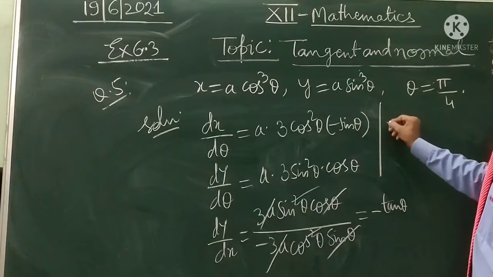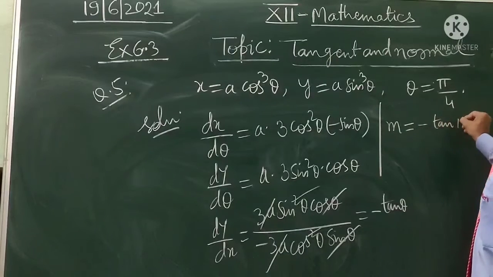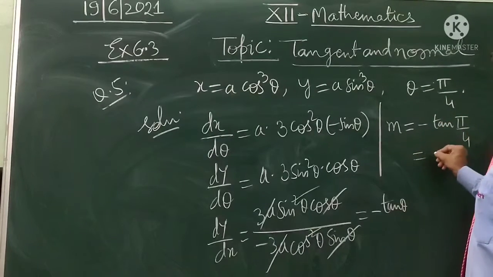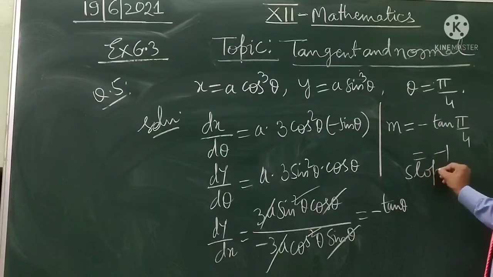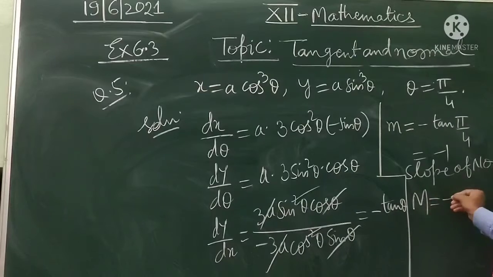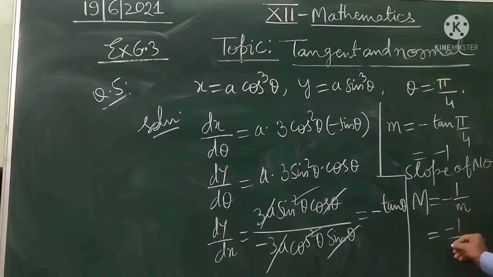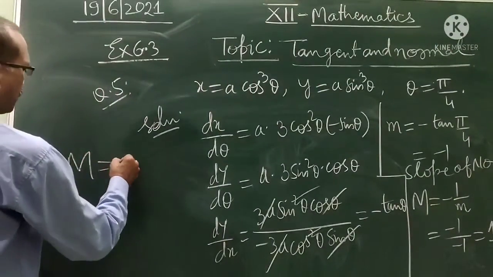Therefore, slope of tangent m equals minus tan pi by 4, which is minus 1. Now the slope of the normal, which is capital M, equals minus 1 upon small m, and minus 1 upon minus 1 is equal to plus 1. So slope of normal capital M equals plus 1.